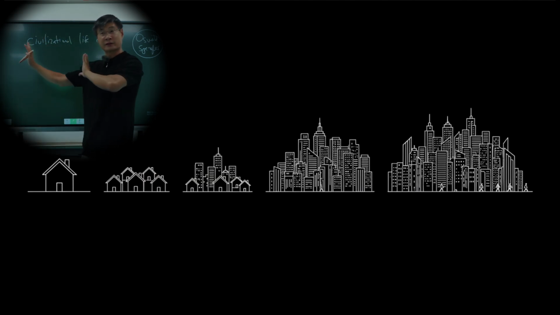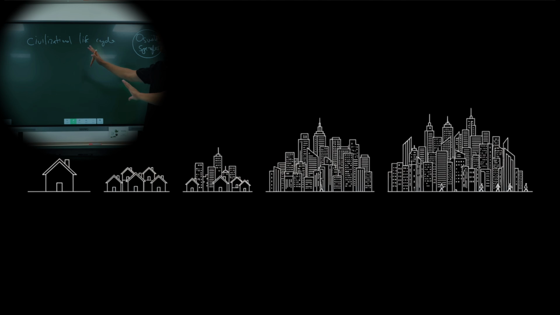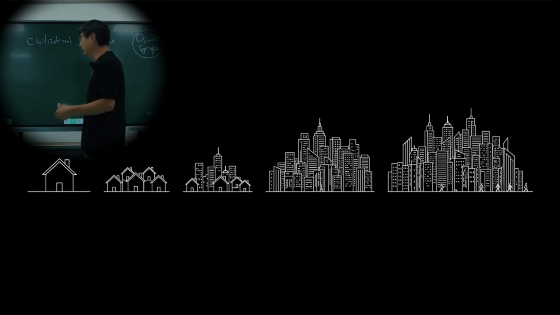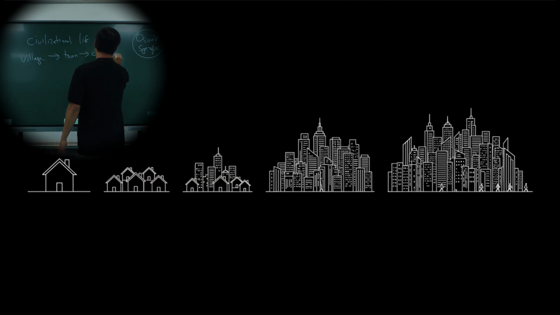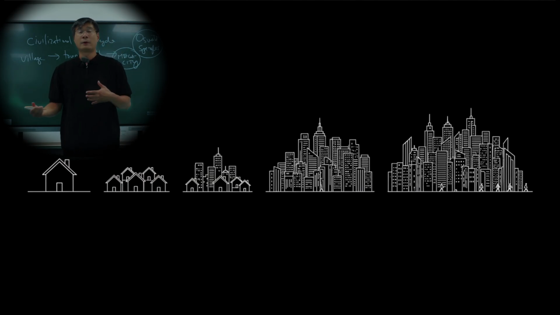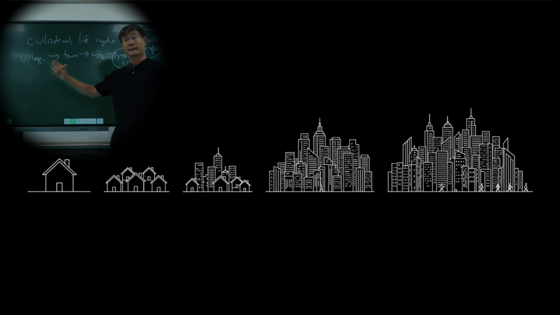So let's go over the life cycle for civilization, okay? In the beginning, you are in the village. Then you move to the town. Then you move to the city. Then you develop the megacity. Okay? Not all civilizations will go through the cycle, but the successful ones will go through the cycle.